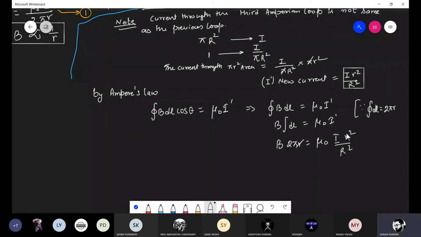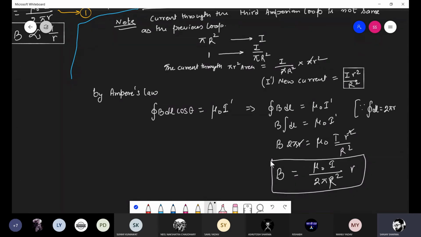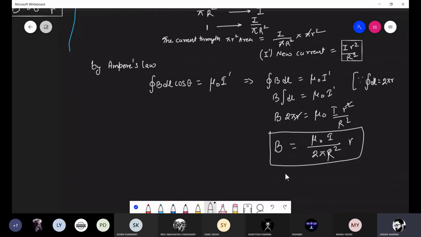So one r I can cancel here. So magnetic field is equal to mu naught I r upon 2 pi capital R square. So this is the general expression. It is clear here that the magnetic field inside the wire is directly proportional to small r. Okay, this is the third result here.